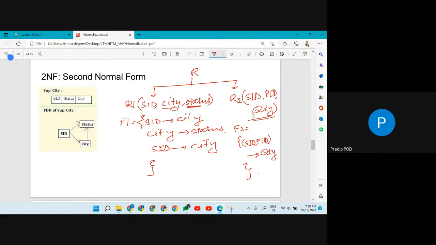So that's why we decomposed into two relations. Now you have to check again in this particular decomposition whether it satisfies the second NF condition or not. If it satisfies the second NF condition, then keep it as it is. Otherwise, you need to further decompose it. Clear?